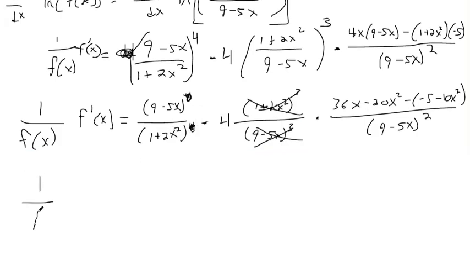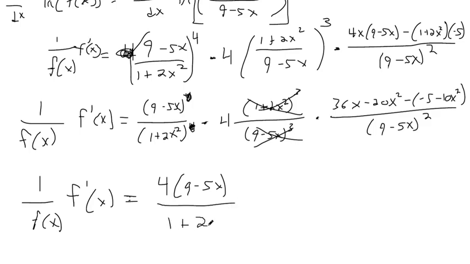So 1 over f of x times f prime of x equals 4 times 9 minus 5x over 1 plus 2x squared. And then over here, when we distribute that negative sign, looks like this.